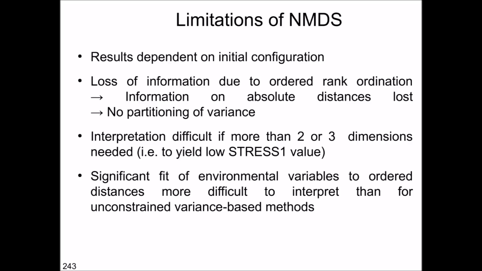In case of ordered distances, it is more difficult to interpret what the correlation of environmental variables with these ordered distances means, because we have lost the absolute distances between sites. Nevertheless, it's doable, and I show you in the R script how to do this.